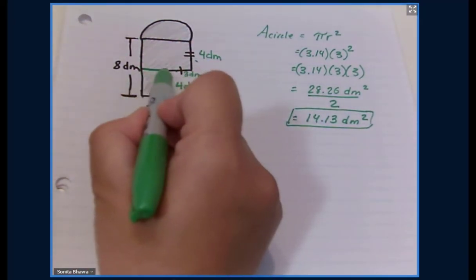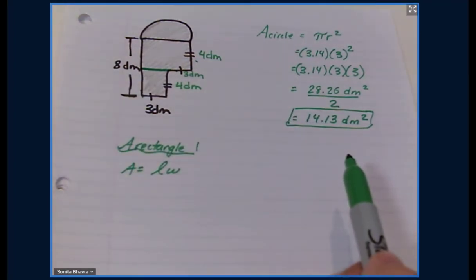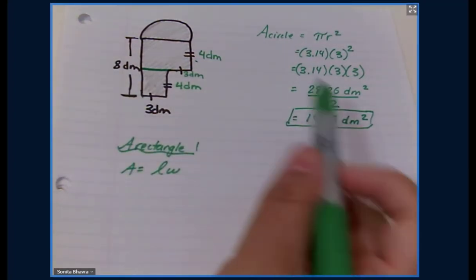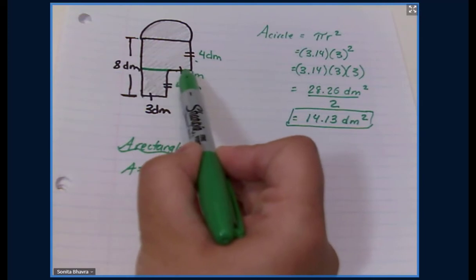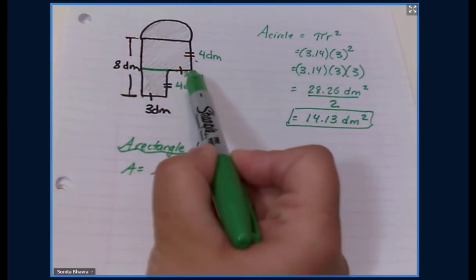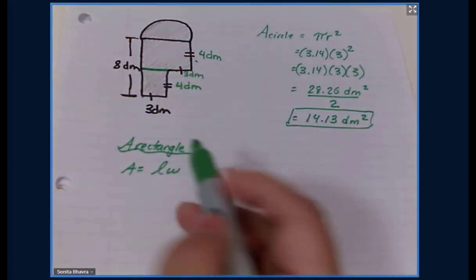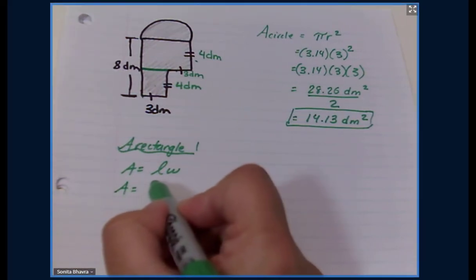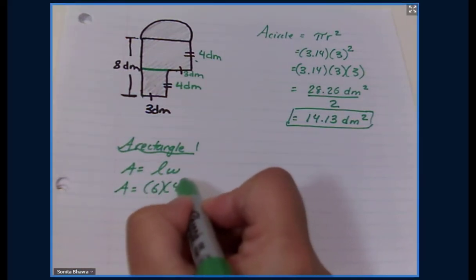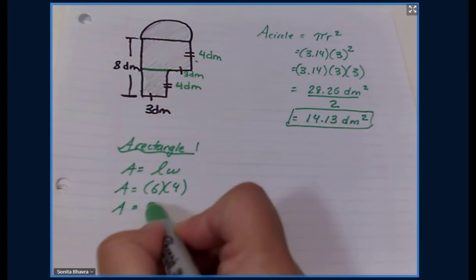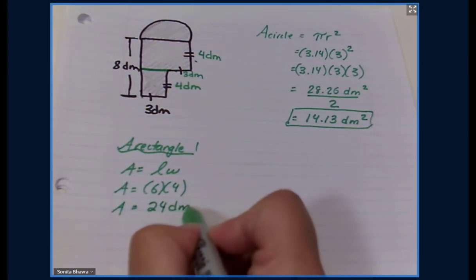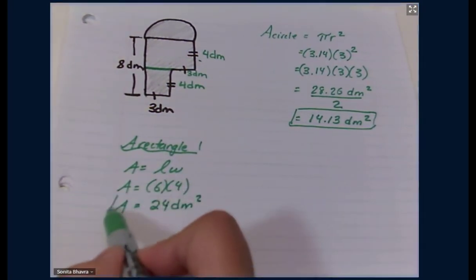I'm just going to show it like this, that I'm splitting it like this. So rectangle 1 would be a total of 6 decimeters multiplied by 4 decimeters. So area is equal to 6 times 4, which gives me 24 decimeters squared.